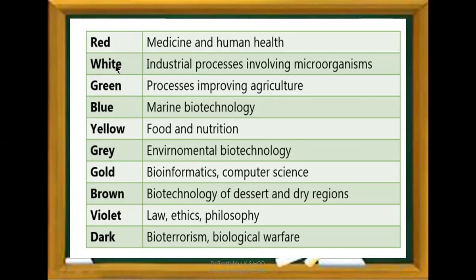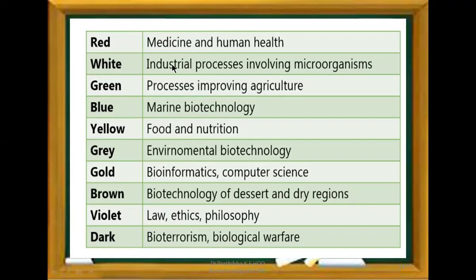Okay. The next one is white biotechnology. White biotechnology focuses on industrial processes involving microorganisms. We can also say this is industrial biotechnology. Industrial processes and manufacturing of industry products come under white biotechnology.